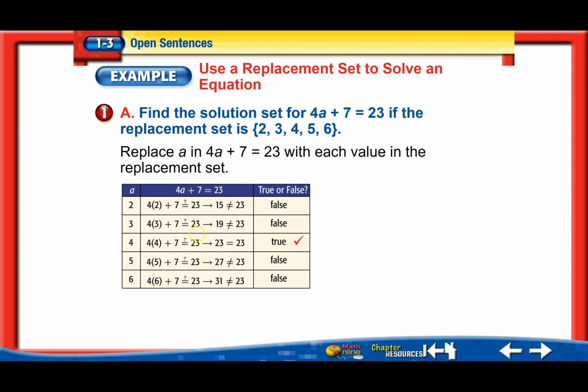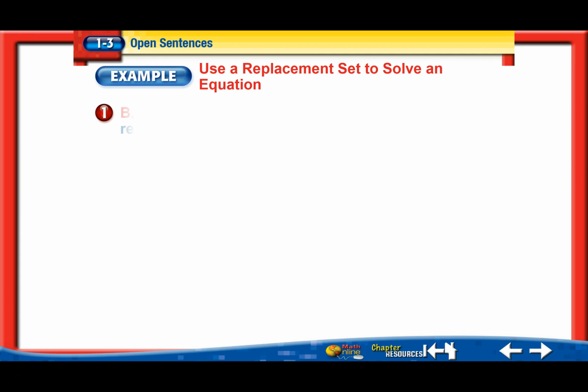That's not equal to 23. I replaced with the number 3: 4 times 3 is 12 plus 7 equals 19, so that's not equal, so false. 4 times 4 is 16 plus 7, is that equal to 23? Yes. So that's true. The other two will come out false as well. So the solution set for this would be, in braces, 4.